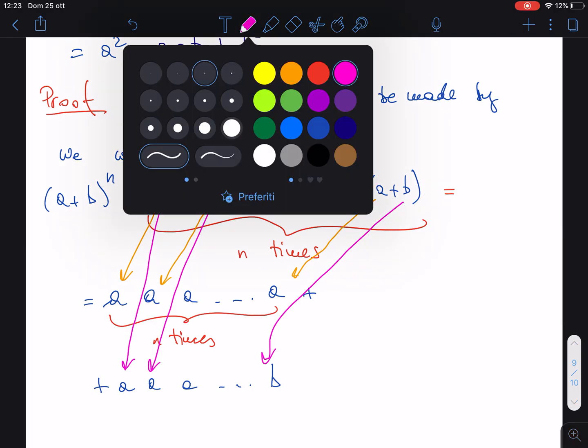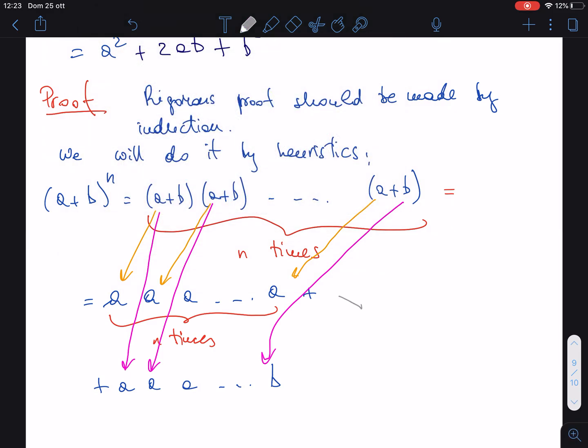Let me write it. These are two different choices of contributions from every bracket.